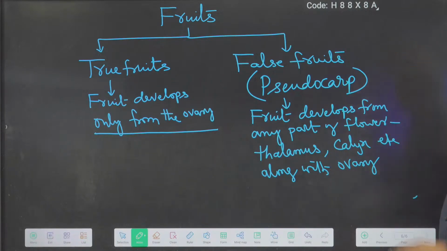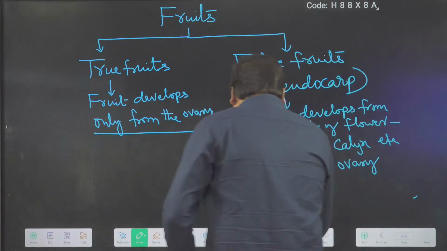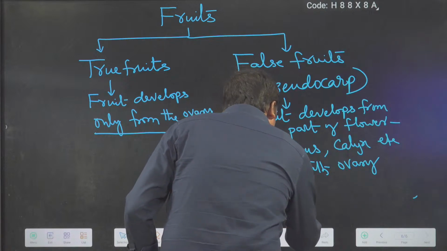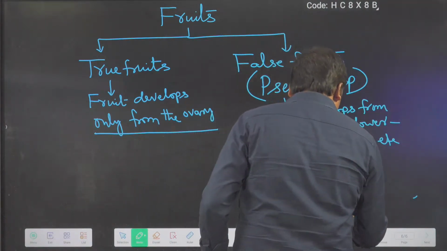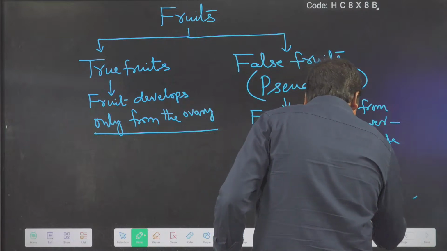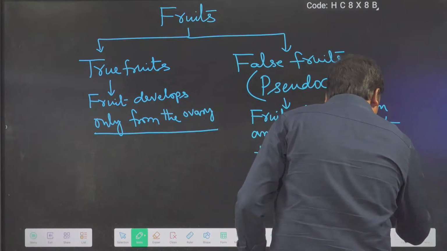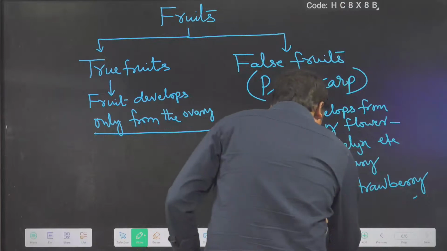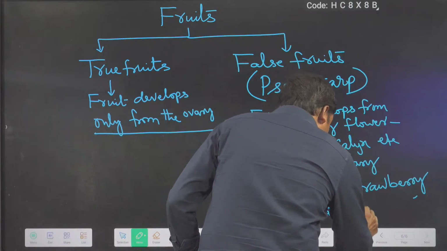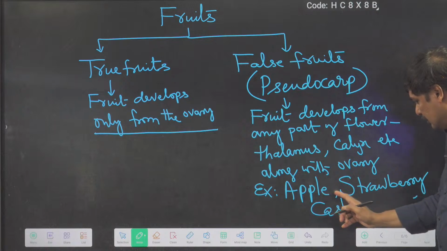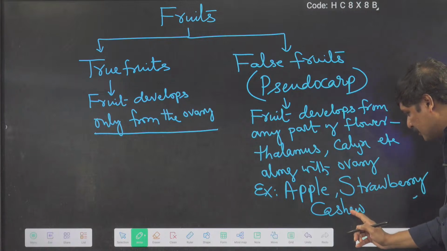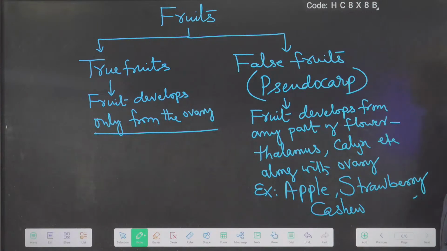The best example of false fruit is apple, strawberry, and cashew. Apple, strawberry, cashew are examples of false fruits.